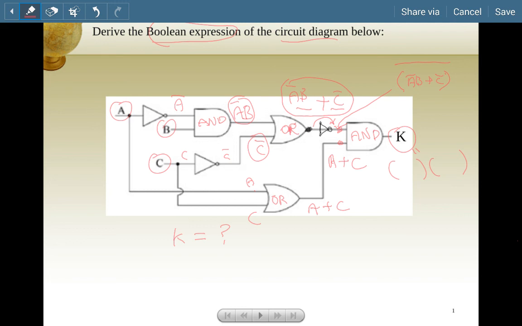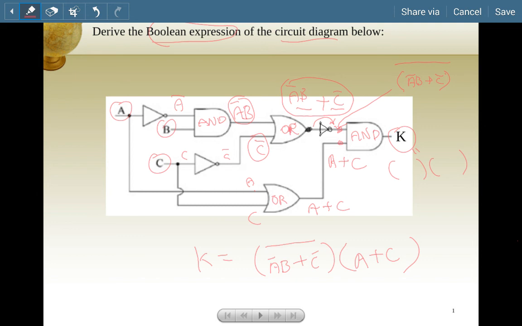Let's put it properly in a diagram. This is my K. K equals something ANDed with something. The something here is one of the inputs, which is this entire thing, A bar B plus C bar, to be ANDed with the other input, which is A plus C. And ladies and gentlemen, that is the answer.